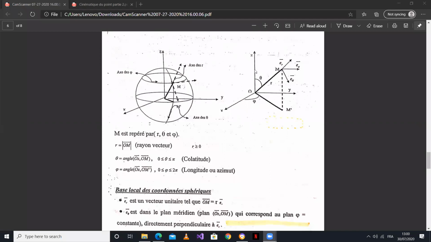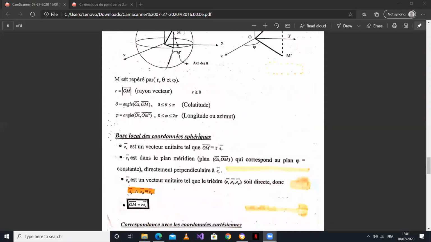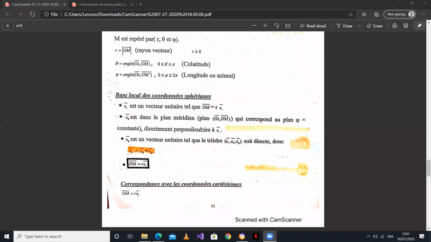But in the spherical system, we have the vector e_r oriented directly in the direction of OM. So that's all we are going to need. When someone asks us where the point M is located in space, we just tell the person, move r steps in the direction of e_r, because e_r is oriented directly in the direction of the radius OM, and the vector position becomes OM equals r e_r.